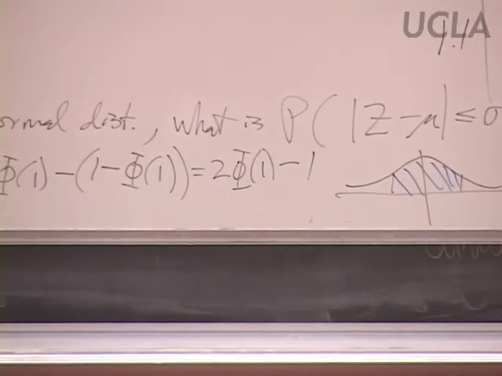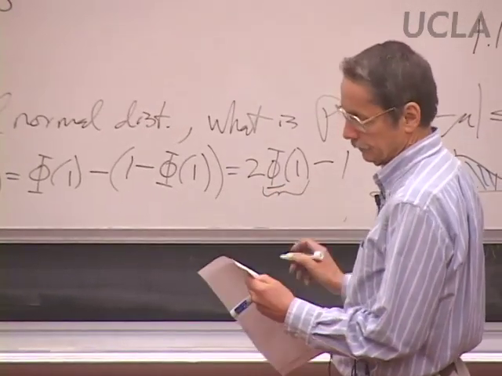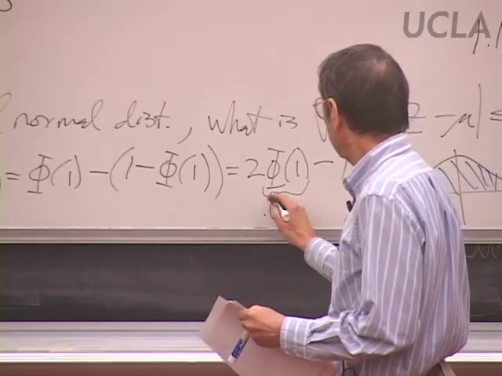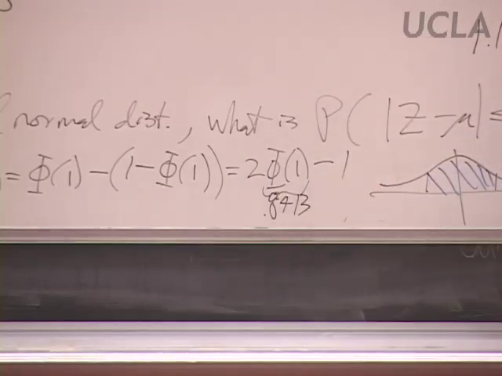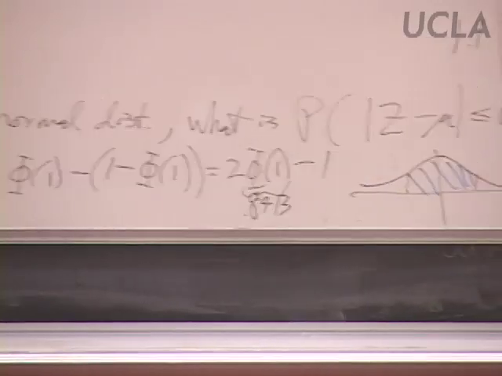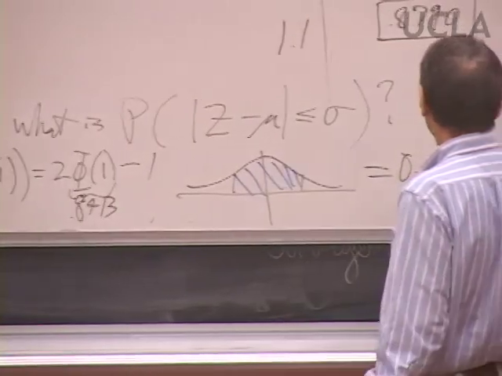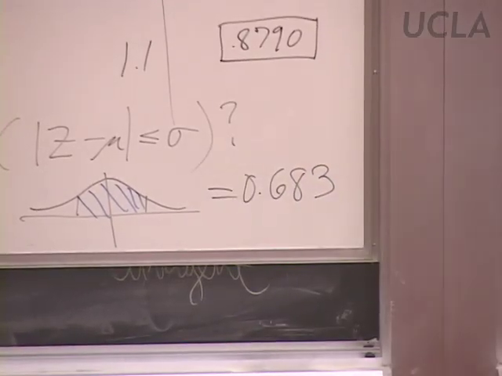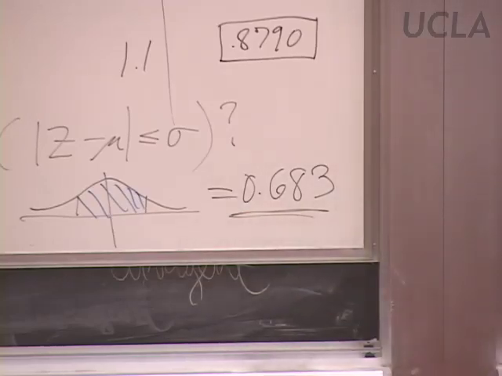Then we look up to see what phi of 1 is: 0.8413. We double that and subtract 1, we get about 68%, 0.683. A 68% chance of being within one standard deviation of the mean.